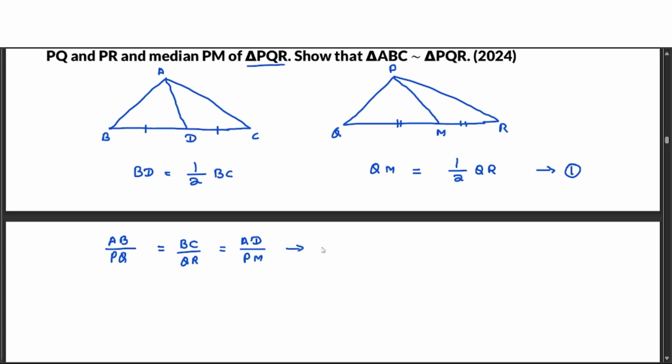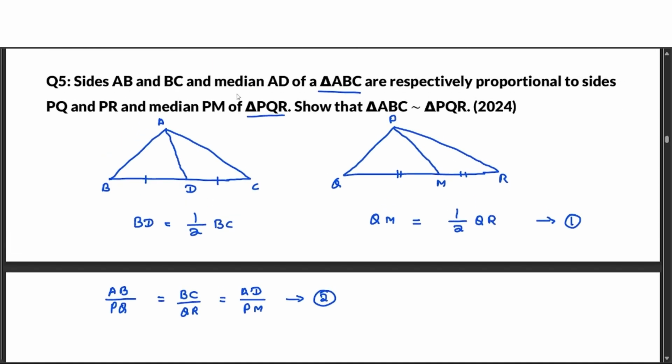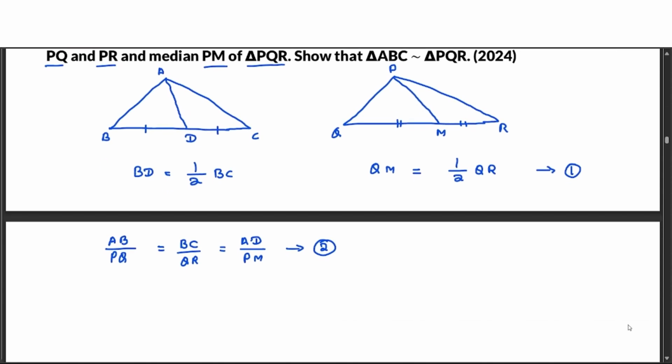You can say that is equation 2. Because the question says AB and BC and median AD are respectively proportional to the sides of PQ, PR and PM, their respective sides are proportional.